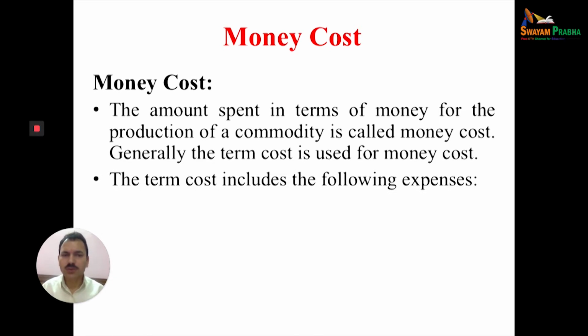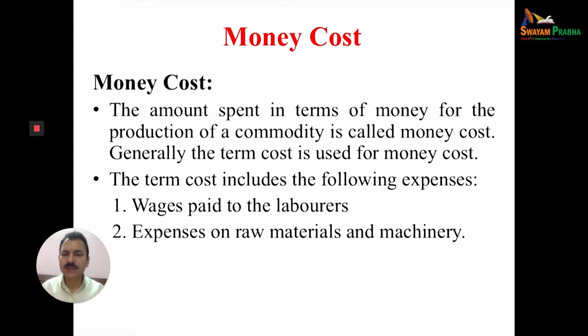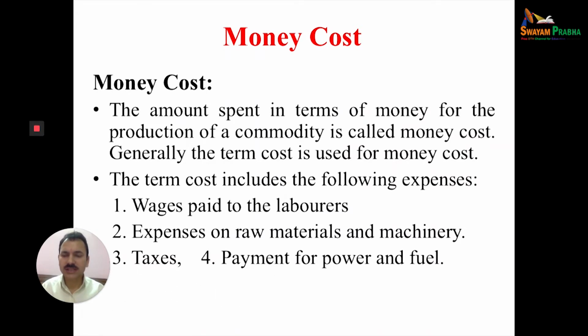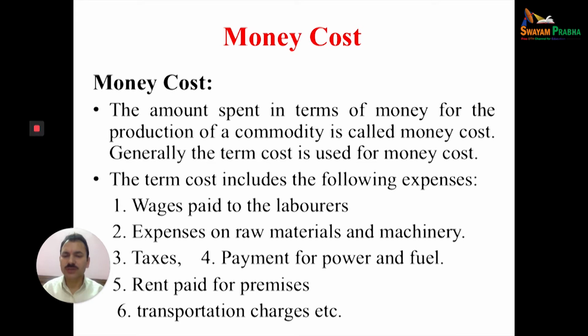This term includes the following expenses. The money cost includes wages paid to the laborers, expenses on raw material and machinery, taxes, maybe direct tax, indirect tax, payment for power or fuel, rent paid for the premises, and transportation charges, etc. These are the part of money cost.